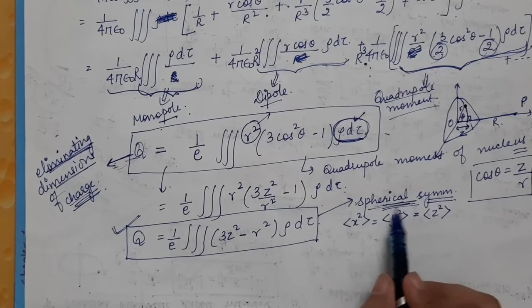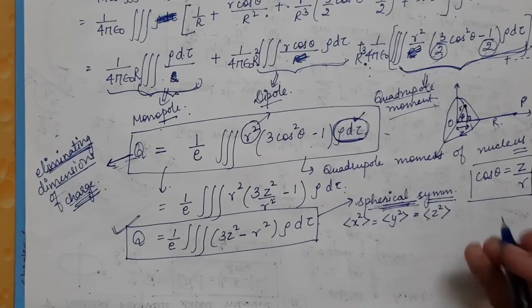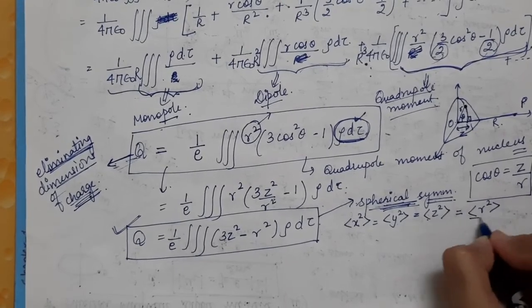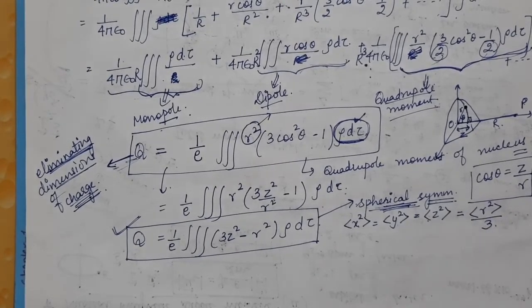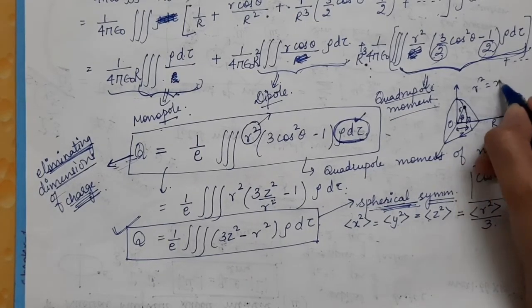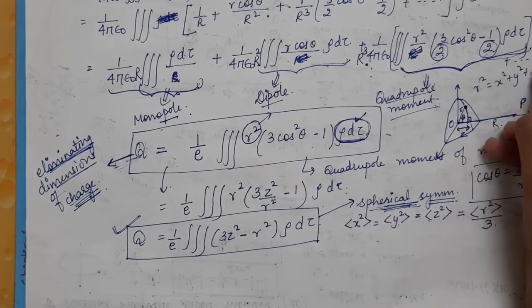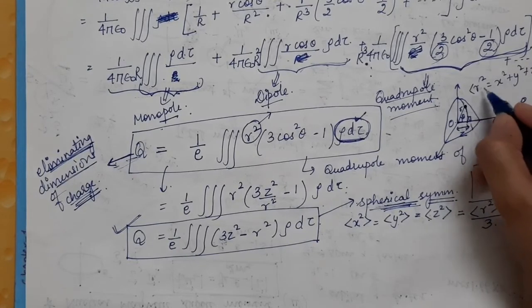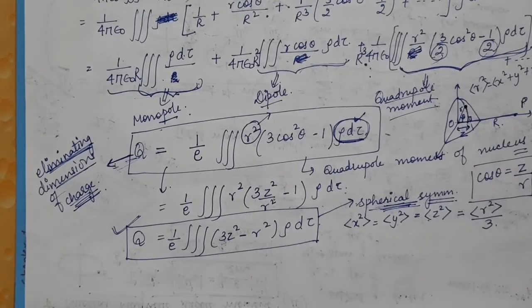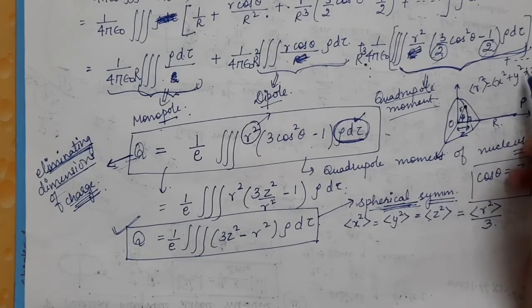So in the case of spherical symmetry, this is further equal to small r square divided by 3, because we know that r square is equal to x square plus y square plus z square, and the expectation of r square will also be equal to the sum of the expectations of x square, y square and z square.